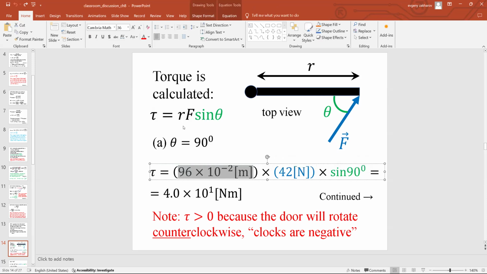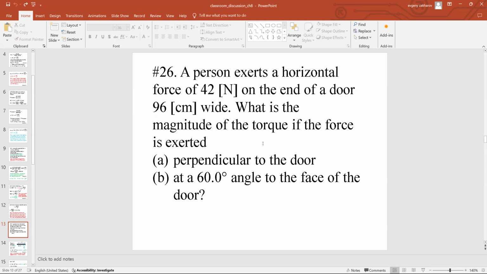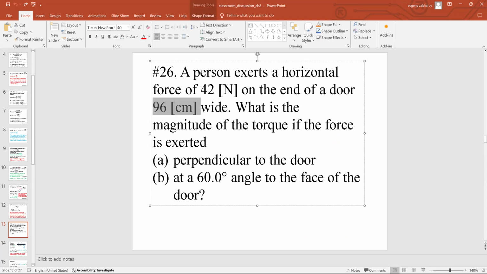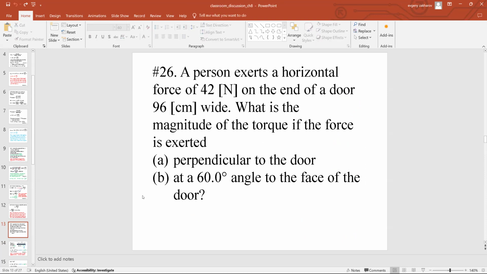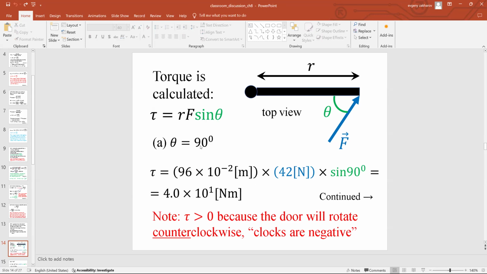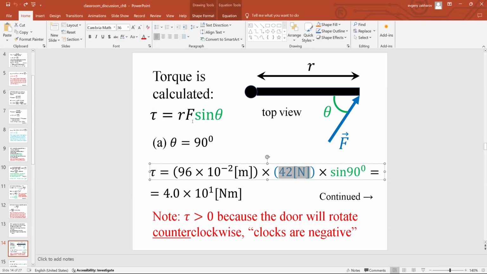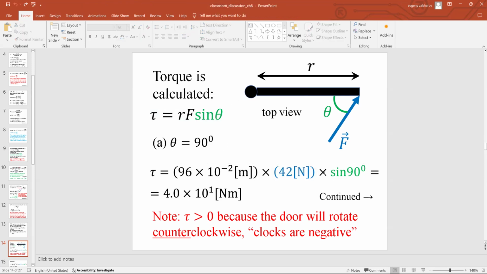The length of the door is given at 96 centimeters. The force is given at 42 newtons. And sine of 90 is 1. Boom, your torque is 40 Newton meters.